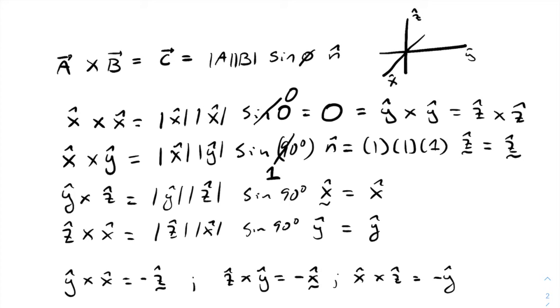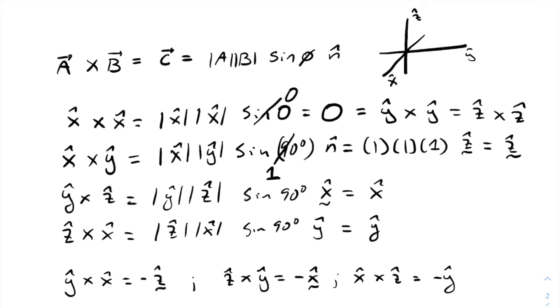Now, if we do the cross product of the unit vector y times the unit vector z, we have the magnitude of y times the magnitude of z times the sine of 90 degrees, and using the right-hand rule again, we see that the direction is along the x-axis. So the cross product of y times z is the unit vector x.